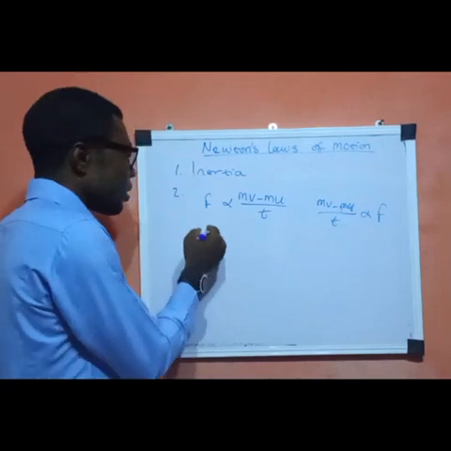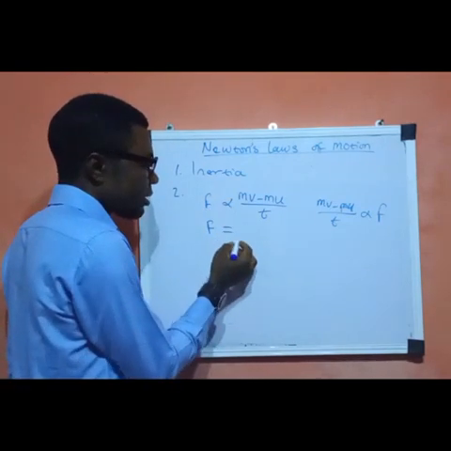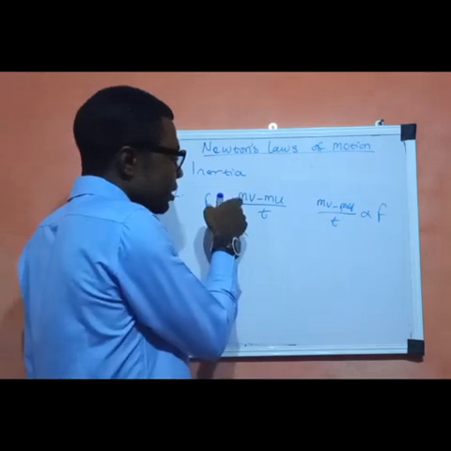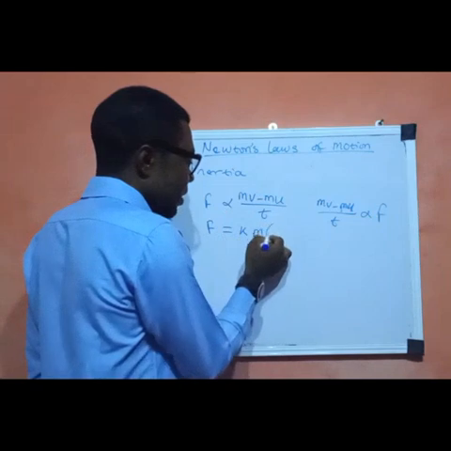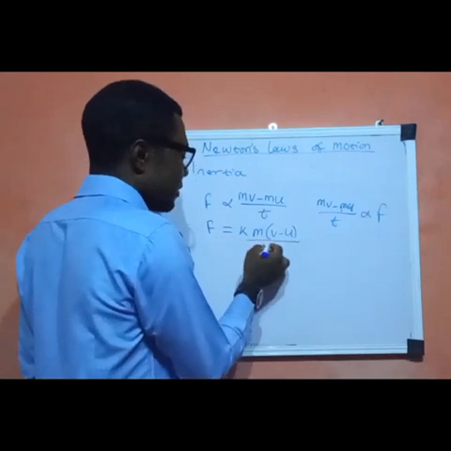And we know that in variation, if we change this proportionality sign to an equality sign, we introduce a constant. And because the same body has this mass and this mass is the same mass, we can factor out the mass and then put the change in velocity in brackets divided by t.